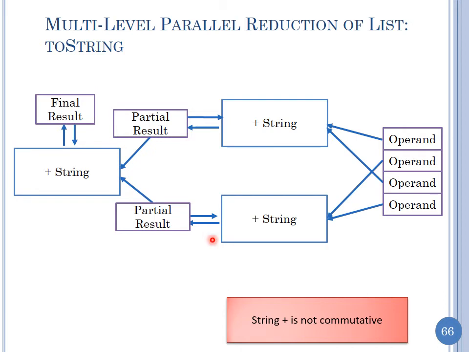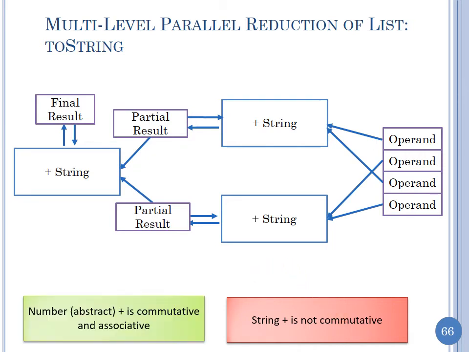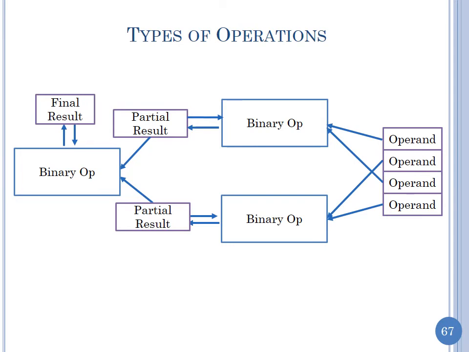It is associative. So I should have just said it doesn't commute. Okay. And we need an operation that commutes and is associative. Okay. So in general, why do we need that? We are talking of some binary operation.